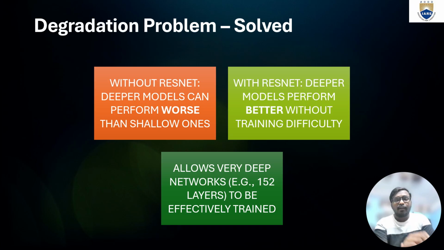Without ResNet, even if we train the model, it performs much worse, whereas with ResNet, which can have more than 1000 layers, training gives better results.